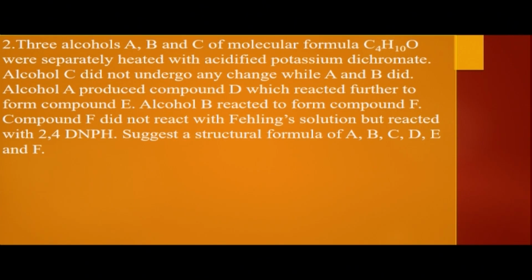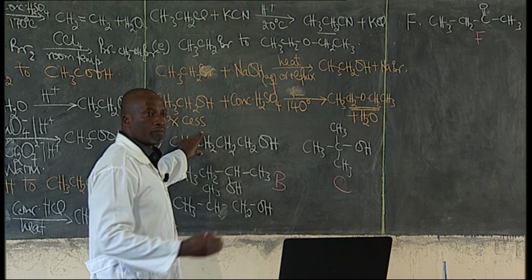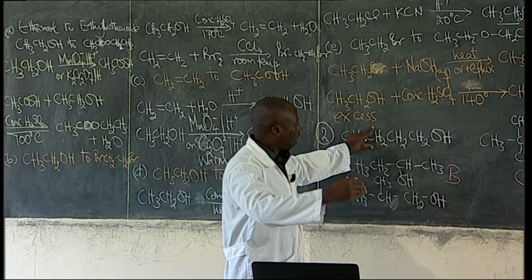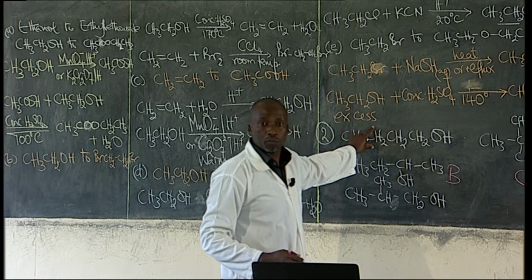alcohol A produced D, which reacted further to form compound E. So that means we may have compound alcohol A producing D. If we have this one, it will form an aldehyde, and an aldehyde will change into a carboxylic acid.